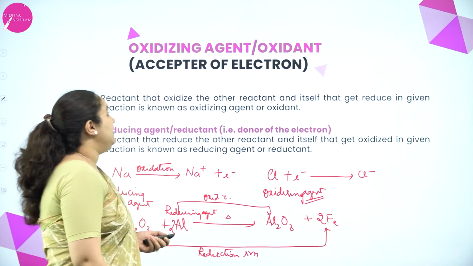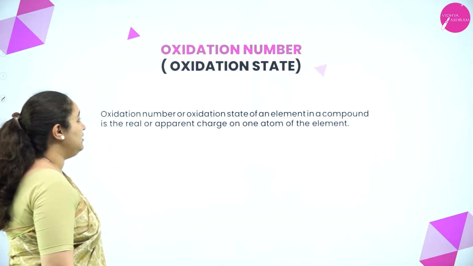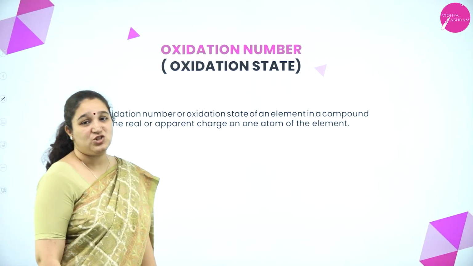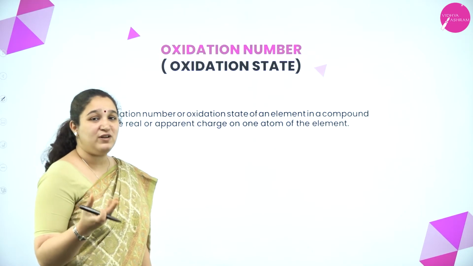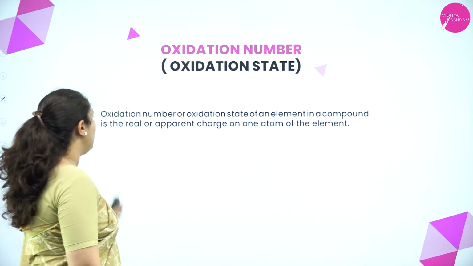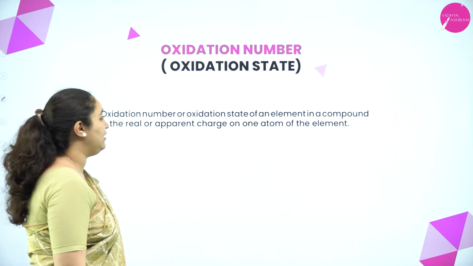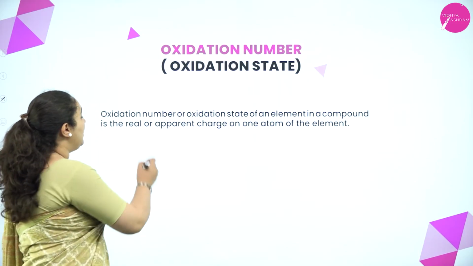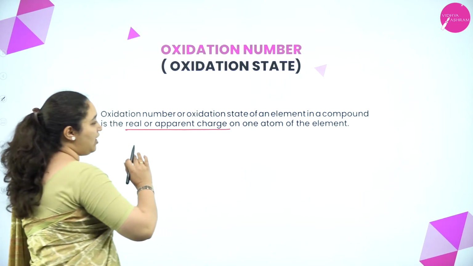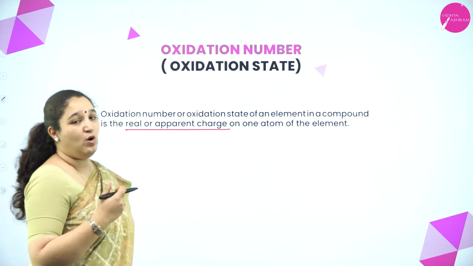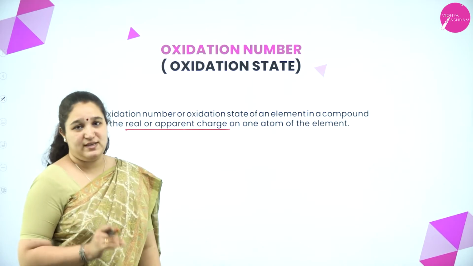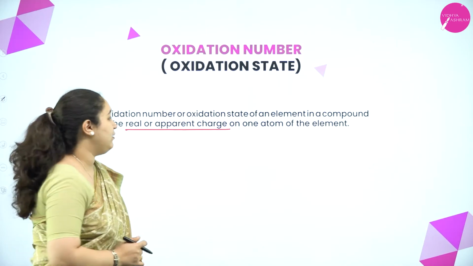Next is oxidation number or the oxidation state. Now what is the definition of oxidation number? The oxidation number or the oxidation state of an element in a compound is the real or apparent charge on one atom of the element. For example, I'll take sodium chloride.